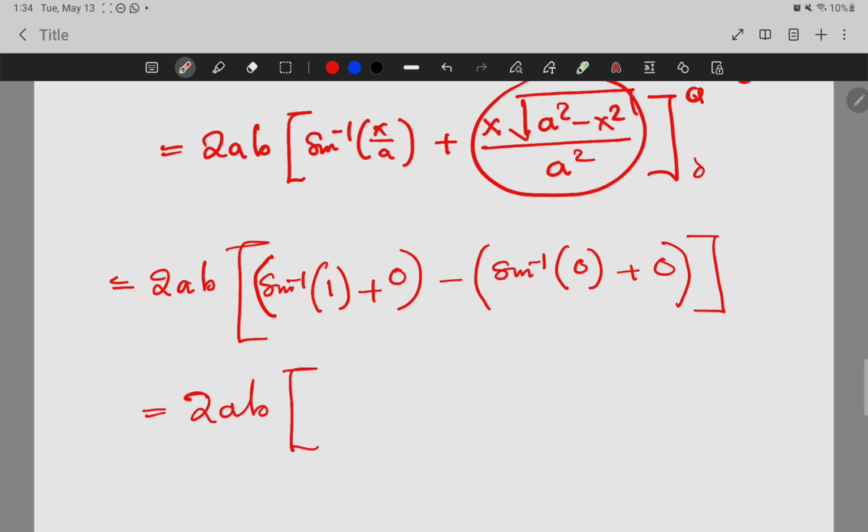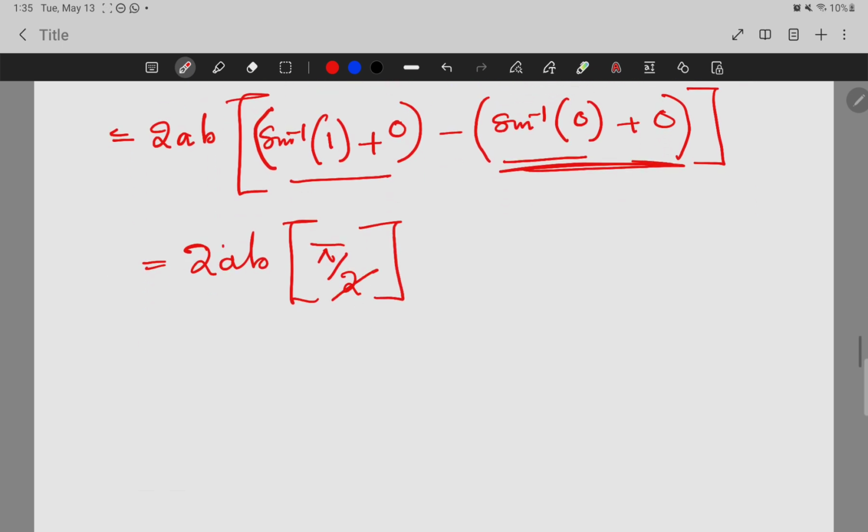Sine inverse of 1 is 90 degrees, but in radians, that is pi over 2. So this will just reduce to pi over 2. Sine inverse of 0 is 0, so this whole lot will also be 0, leaving us with only this expression. The 2 will cancel with this, giving us 1, so that our area now reduces to pi ab square units.